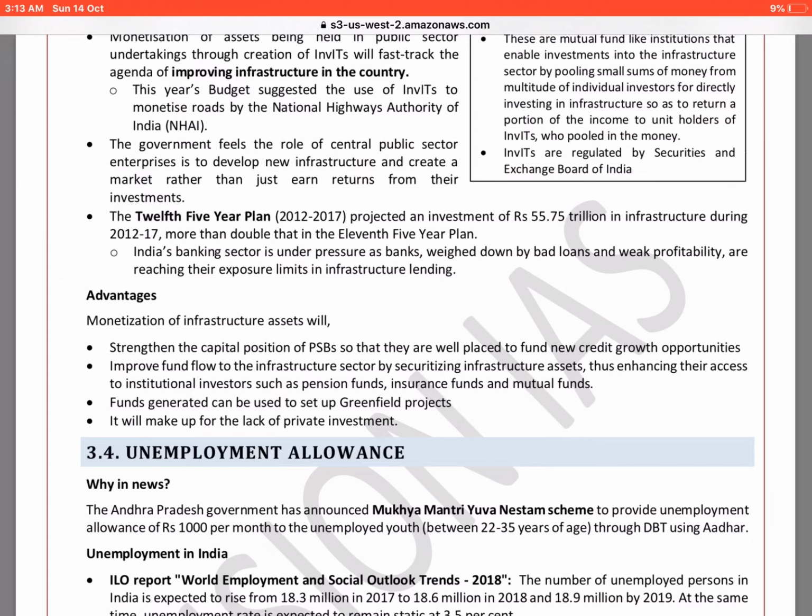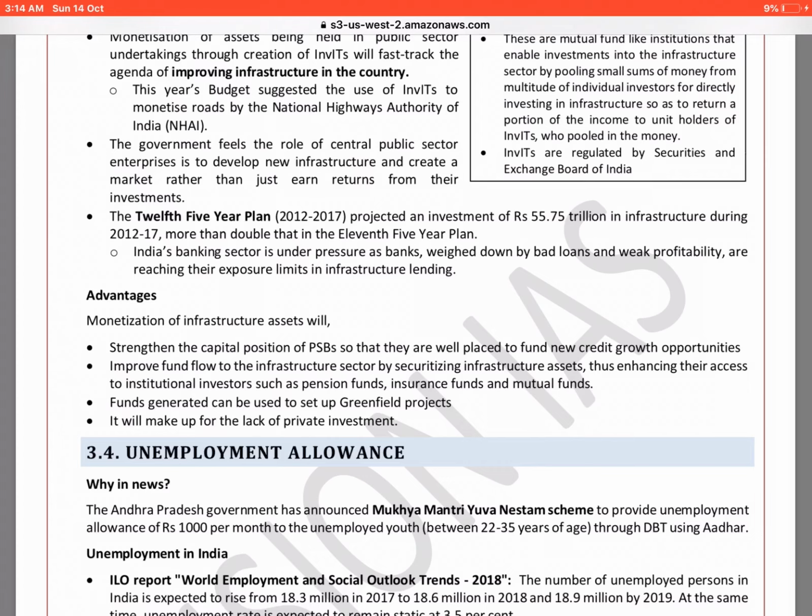So this can be a probable question, whether funds like pension funds, mutual funds, and insurance funds can be used for InvITs, yes or no, because currently IL&FS is quite in the news. So it is very important for us to understand the capital market and the money market, how both of them work, and what all funds can be used in whichever trust, yes or no. So we should know this.